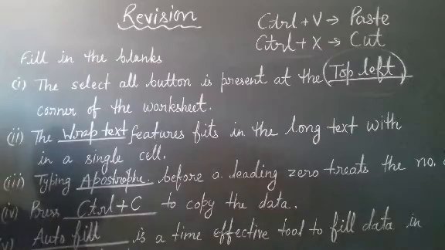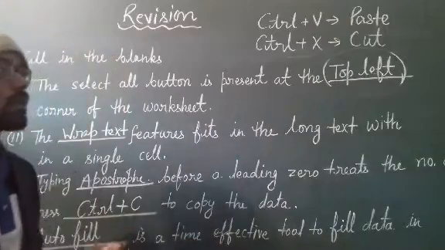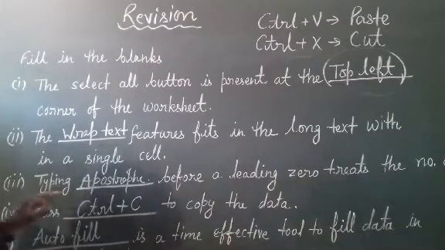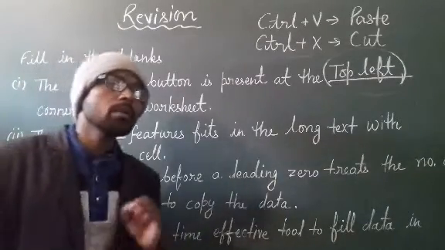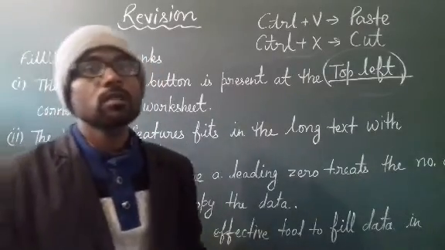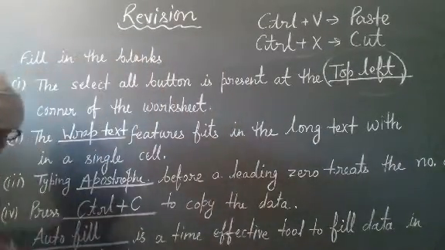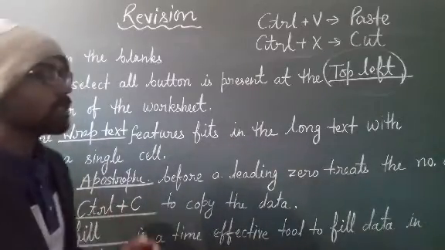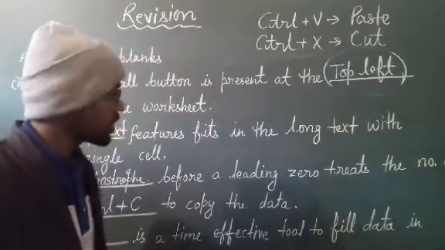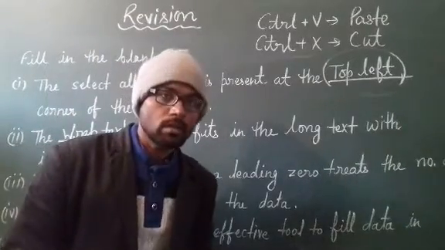And question number 3, typing an apostrophe before a leading zero treats the number as text, and press Ctrl plus C to copy the data. Students, if you want to copy any data, you just have to press Ctrl plus C. And then question number 5, autofill is a time effective tool to fill data in cells automatically.